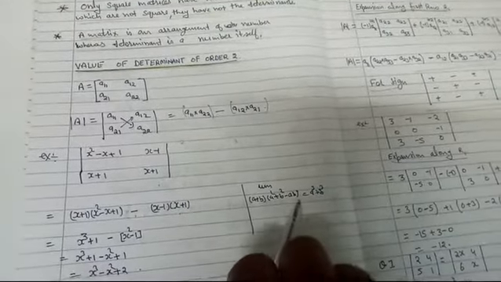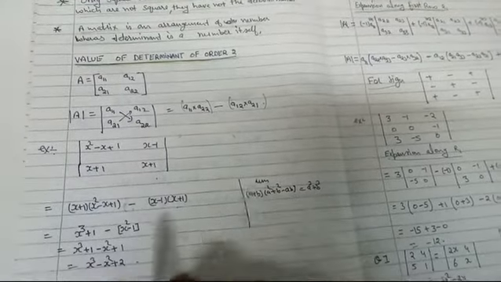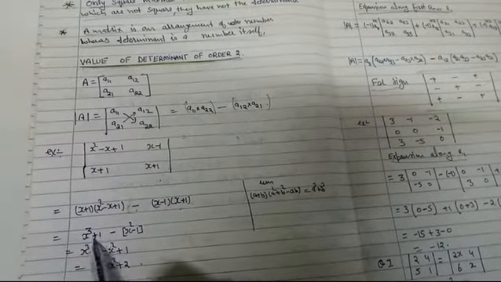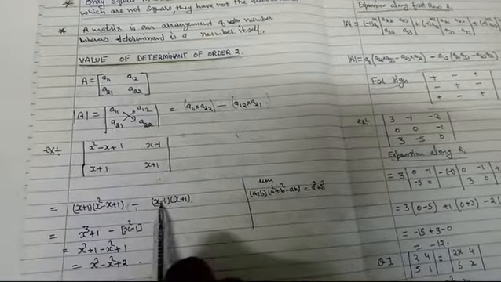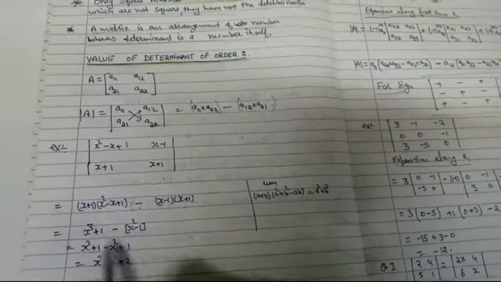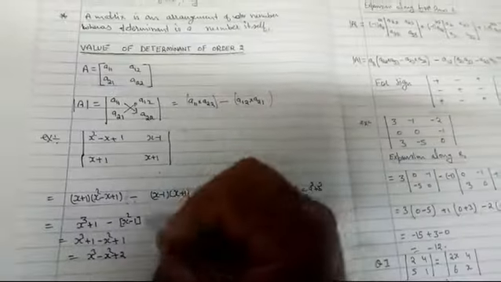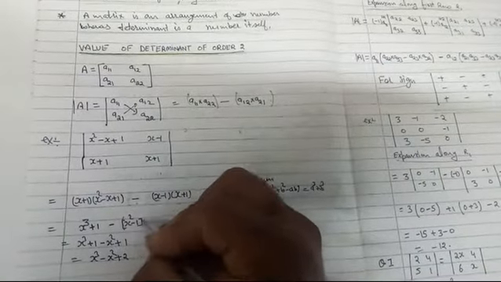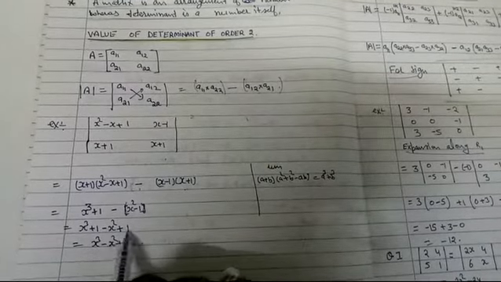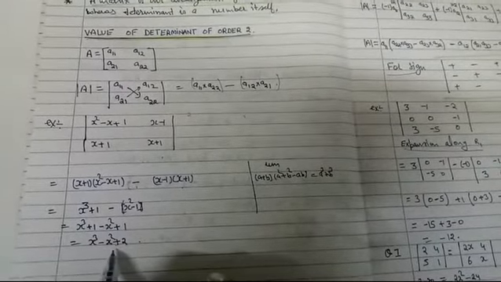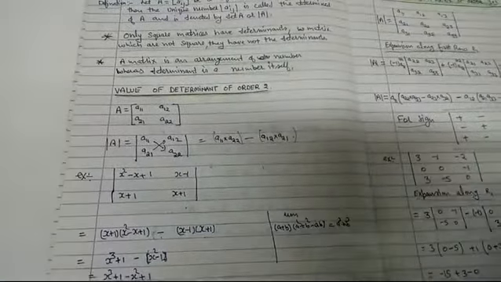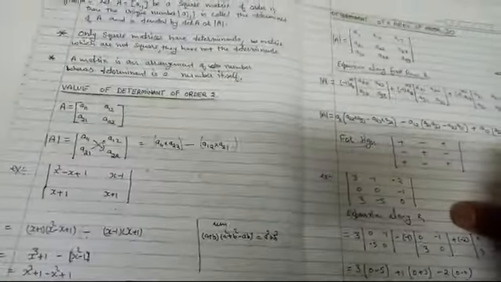As we know, this is the formula of a cube plus b cube. Then the value becomes x cube plus 1 cube, minus (a plus b)(a minus b), which is x squared minus 1. Then opening the bracket, it becomes x cube plus 1 minus x squared plus 1, that is x cube minus x squared plus 2. So this is the value of the determinant.